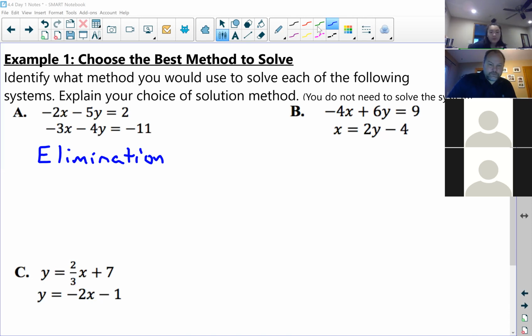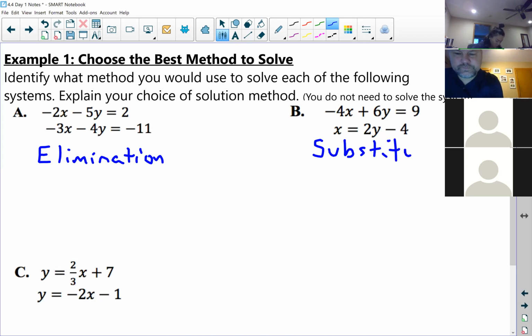For the system in letter B, by vote, the most popular was substitution. In this case, we do have one equation solved for x, so we could take that 2y minus 4 and substitute it into the first equation and solve.